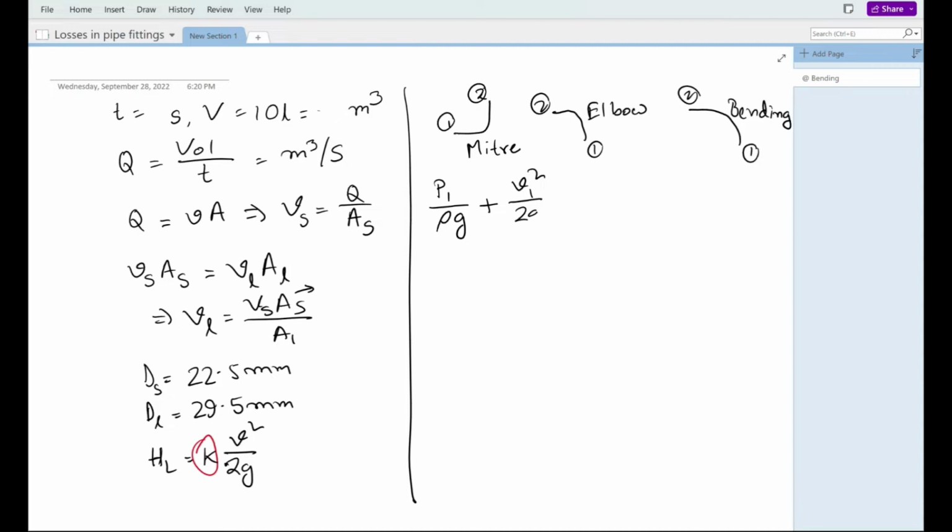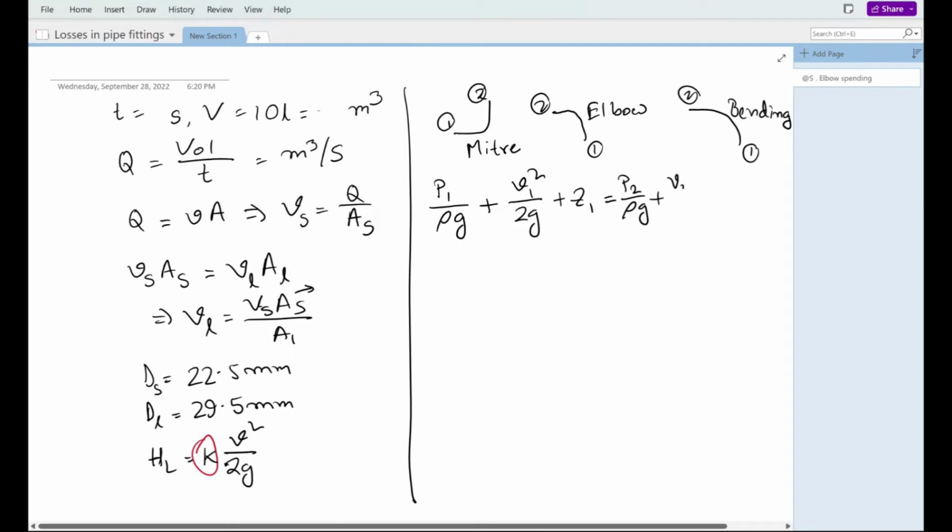For miter, elbow and bending, you see our pipe diameter was the same. That means our velocity should be the same. So we can write V1 equals V2, and this elevation is very small, so we can neglect it. So we can say that Z1 is equivalent to Z2.